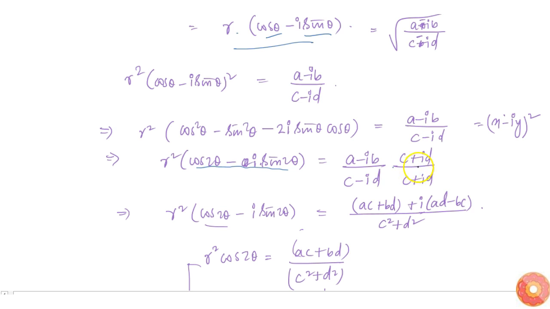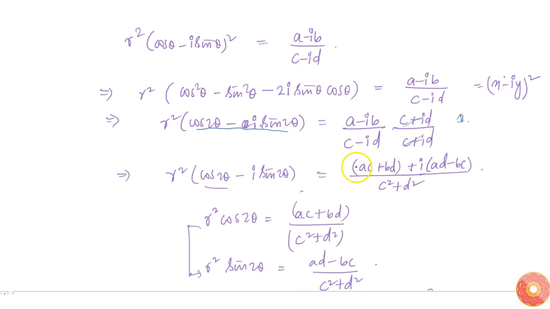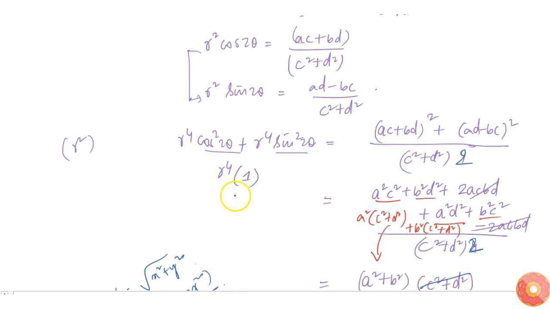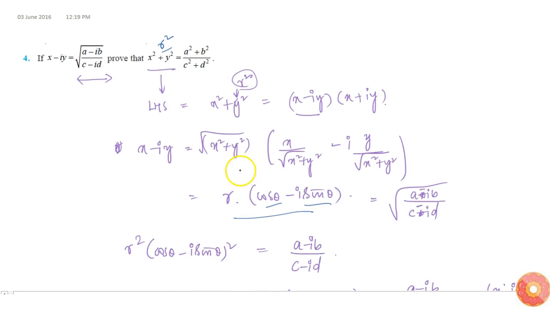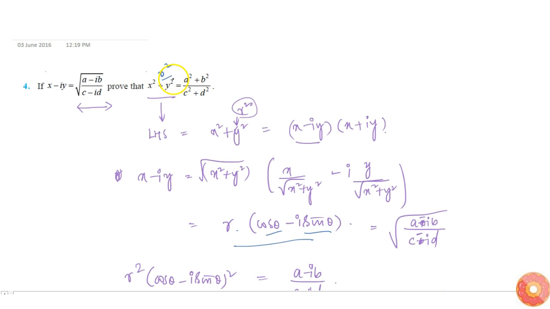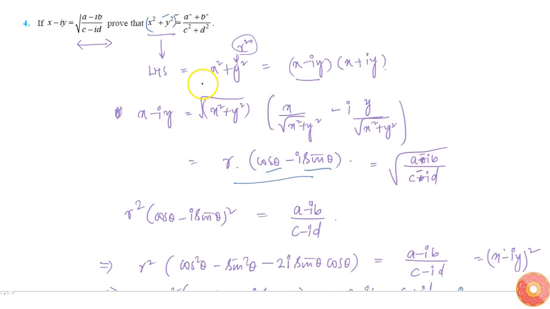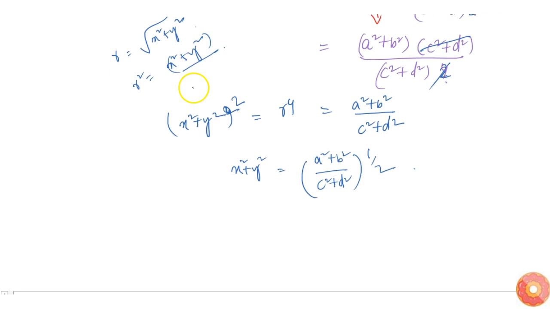This is not doing anything, because we can cancel this out and it will be equal to 1, so we are just multiplying with 1. This became this, so that is r square. So once again the NCERT people gave a printing mistake. It should be x square plus y square whole square is equal to this, so that is x square plus y square is equal to this much. We get a half here.